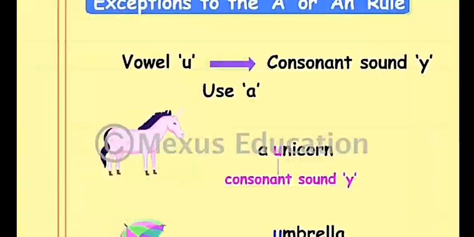Okay. So before universe we use the, but when I say a universal rule, so we use a before the sound U of U. Uni, it's giving the sound of Y.